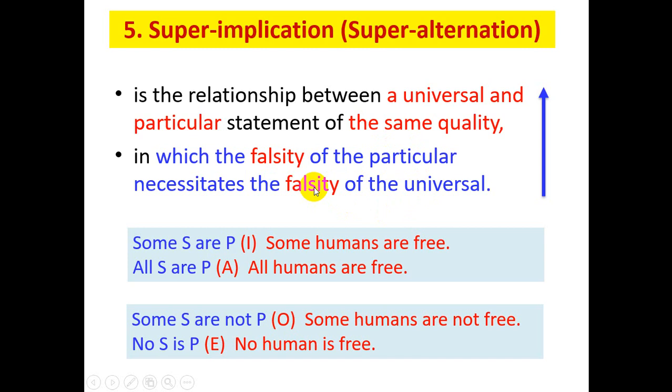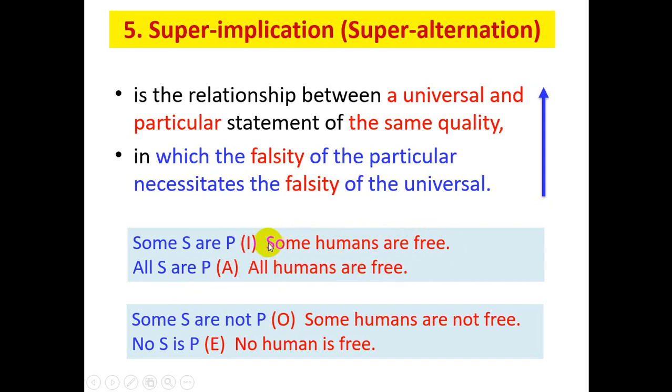Let's have two examples. When we say some S are P, some humans are free, and all S are P, all humans are free. Some humans are free is particular and affirmation. All humans are free is universal and affirmation.